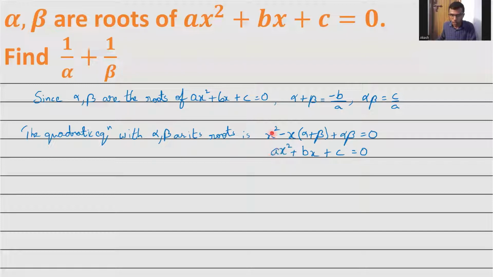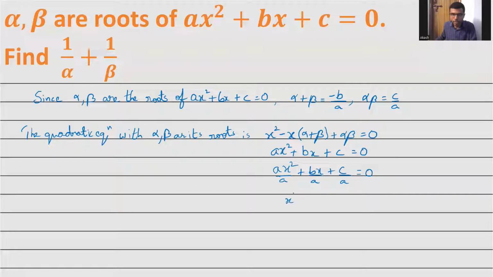So what I'm going to do is, so that these two equations will match, I'm going to divide this second equation with a. Then I'd be left with ax square by a plus bx by a plus c by a is nothing but equal to 0.